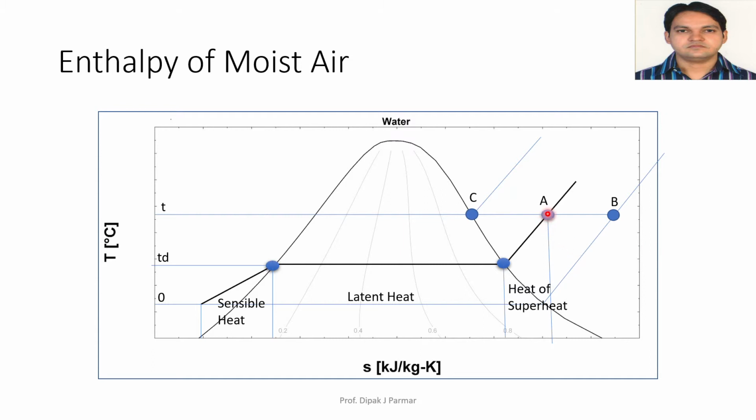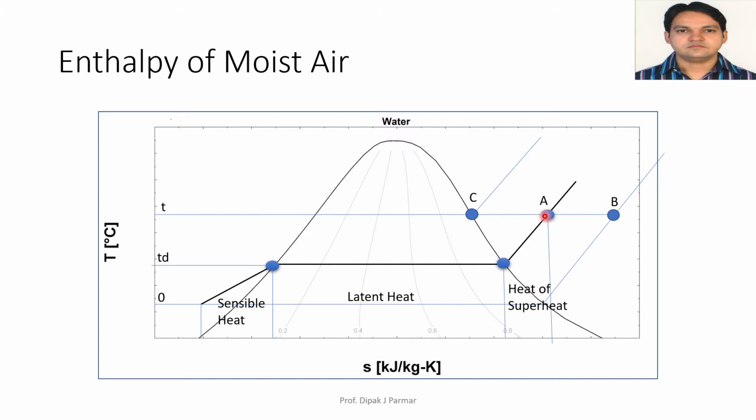At this point, my vapor is superheated water vapor in unsaturated air. So the enthalpy at point A will include the enthalpy of sensible heat, the enthalpy of latent heat, and the heat of superheat. The summation of sensible heat, latent heat, and heat of superheat will give me the enthalpy of vapor.